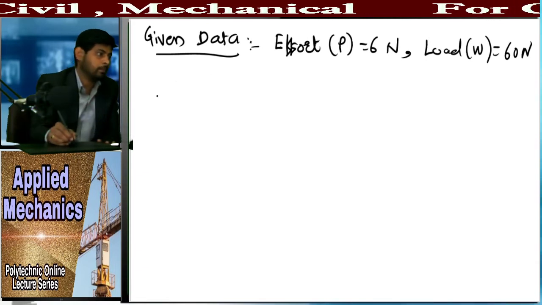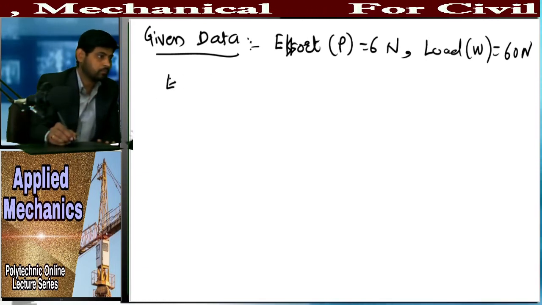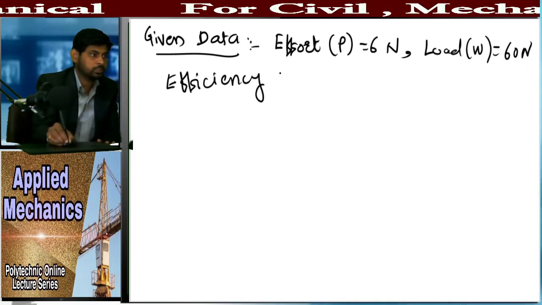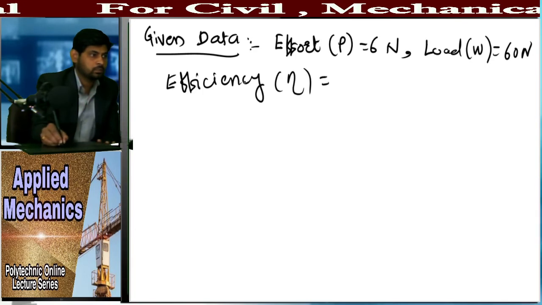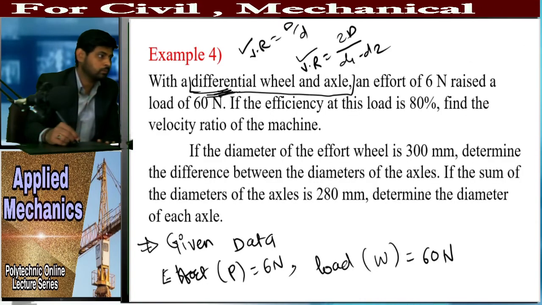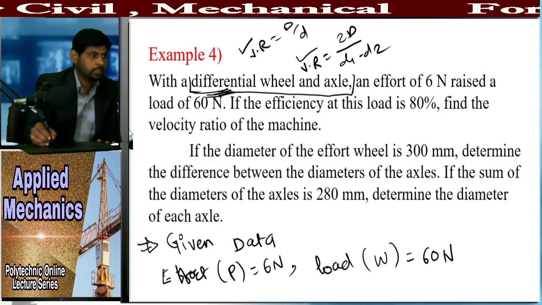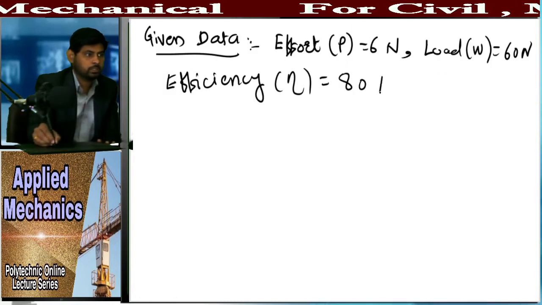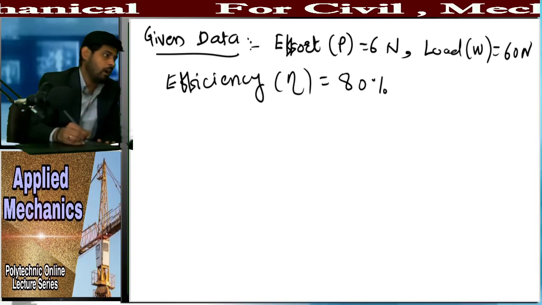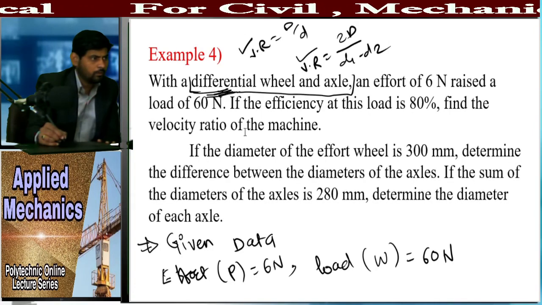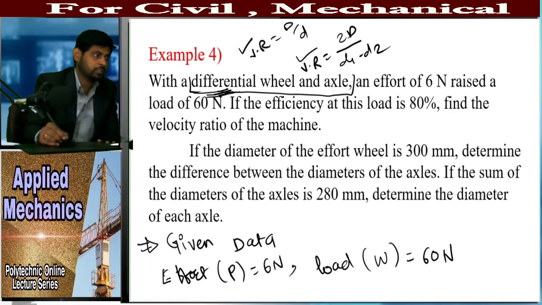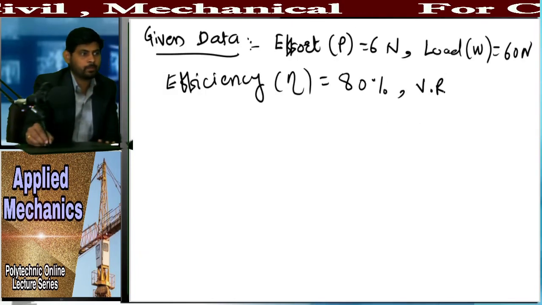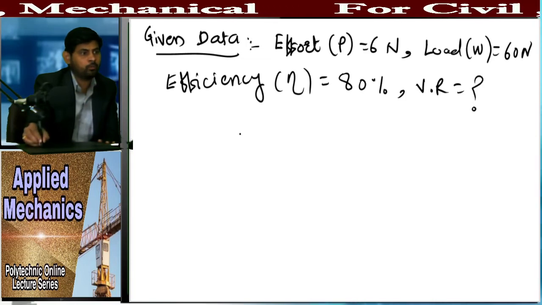Efficiency is also given to us, 80%. After that, it says find the velocity ratio of the machine. So we have to find out the velocity ratio of the machine. So VR is equal to how much?